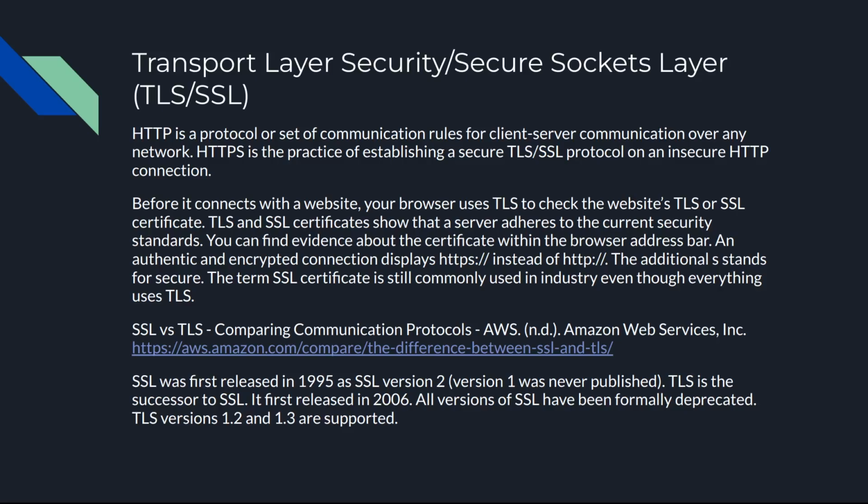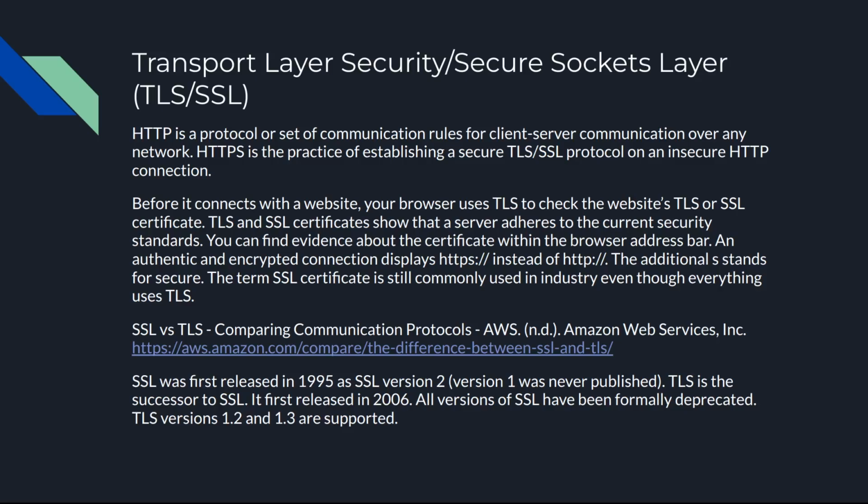The term SSL is still commonly used in industry, although everything we use is TLS, which we're going to look at in the next slide. SSL has been around for a long time, like a lot of stuff that we do, right? Version 2 was released in 1995. Version 1 was never published. TLS was the successor to SSL, and it released its first version in 2006.